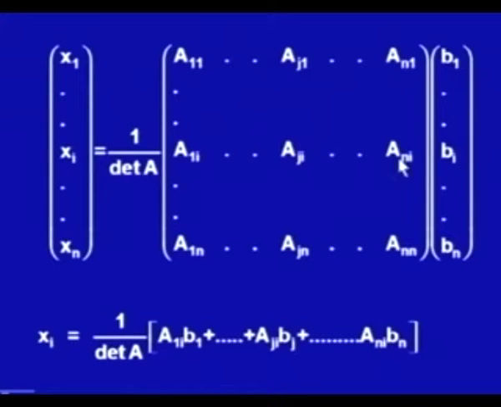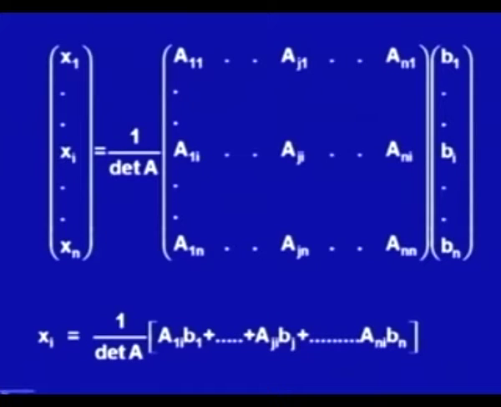So, this ith row multiplied by this column will give me the ith component here. So, xi is equal to this element, which is obtained by multiplying this row by this column. So, it is A1i b1 plus Aji bj, multiplied by the jth element here, and Ani multiplied by bn. So, xi is equal to this.